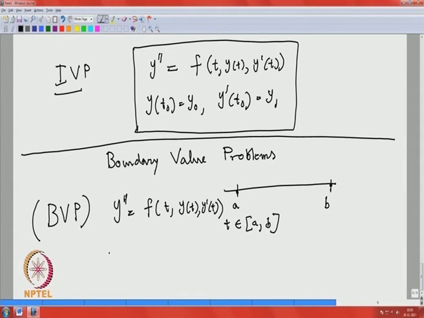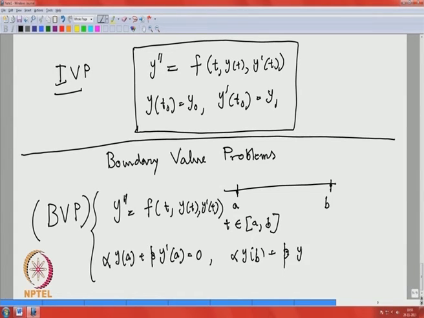I can put something like alpha into y at a plus beta into y prime at a equal to 0, if you want, and one more condition, something like alpha y at b plus beta y prime at b, which is a general thing.